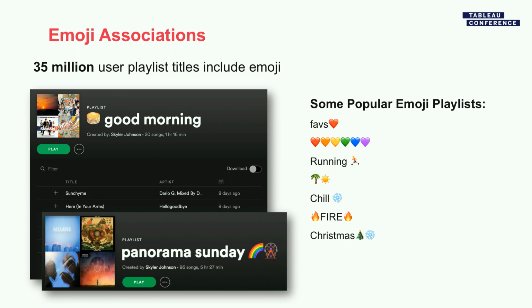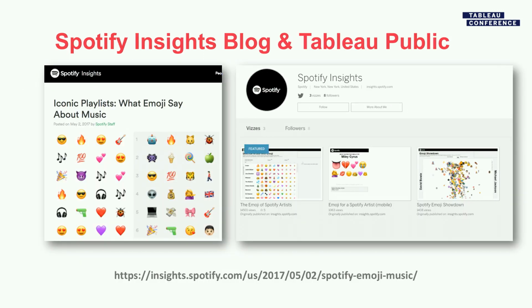Here are some examples of what playlists with emojis look like: a running playlist with a running emoji, or my personal pancake good morning playlist. What we really loved about this is that emojis encapsulate a complex cultural meaning in that tiny little symbol, and they're almost meatier than words in describing a fan's feeling for an artist.